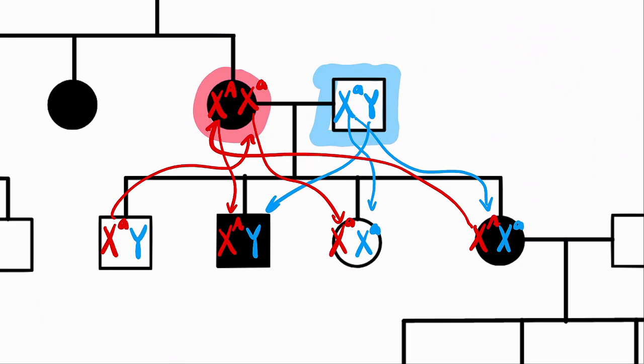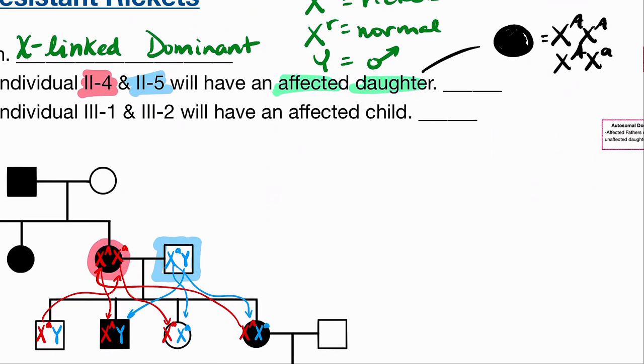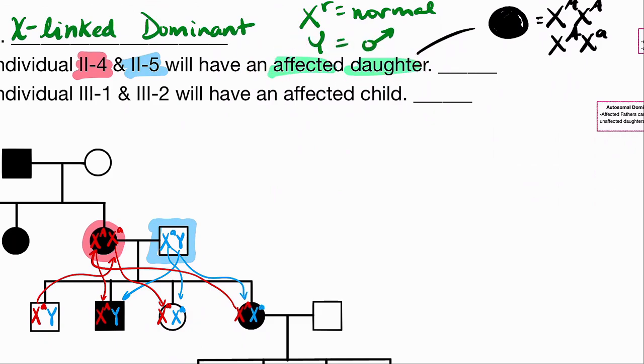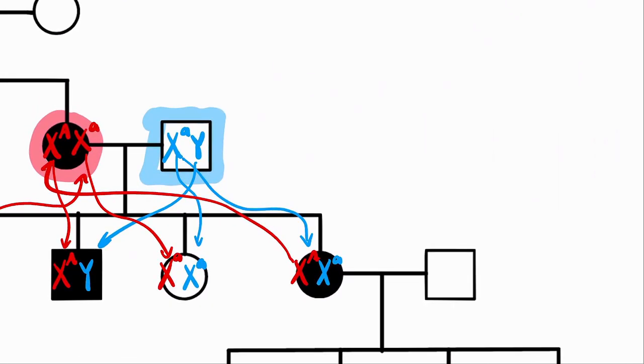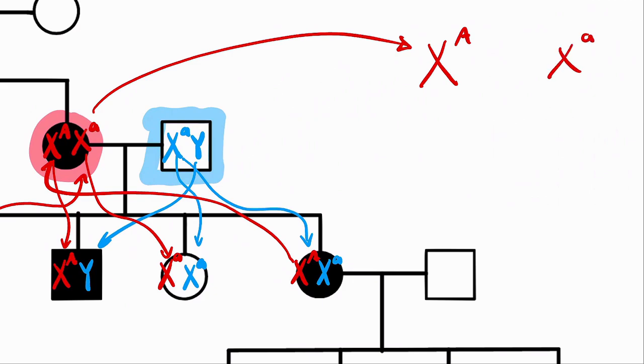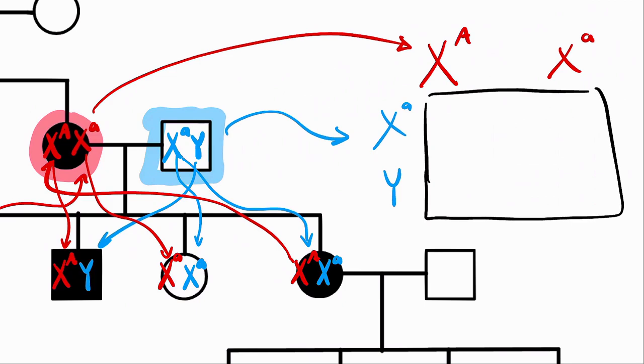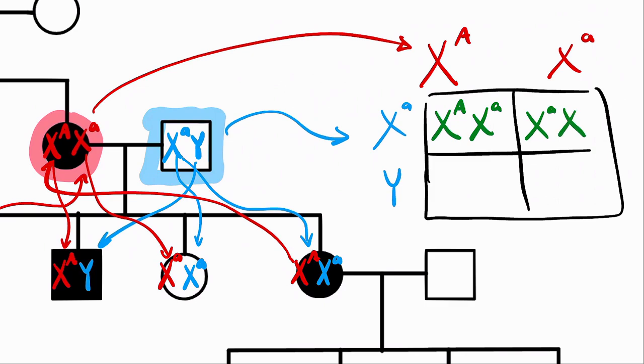Now that we have their genotypes, we do a Punnett square because we want the probability that they can have an affected daughter. This mother has either an X big A or an X little a that she could give to her children, and the father has a little a or a Y. This would be a female that's affected, female unaffected, male affected, male unaffected.